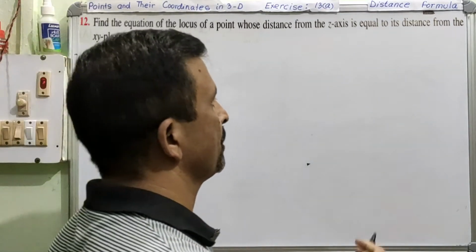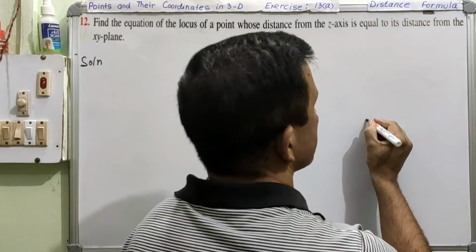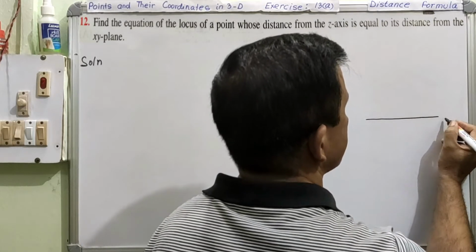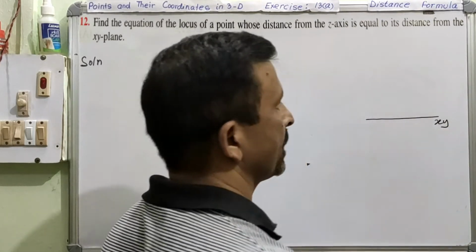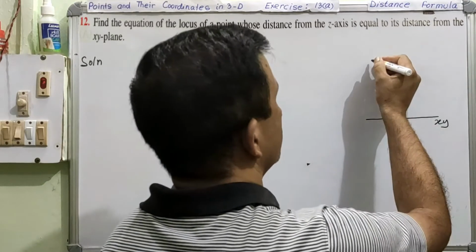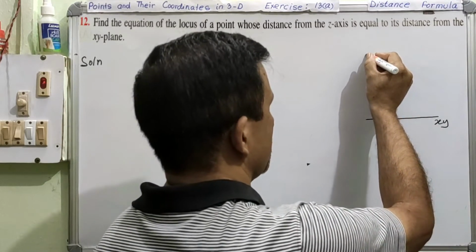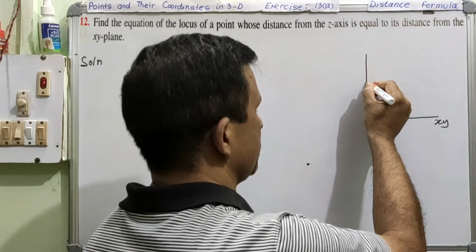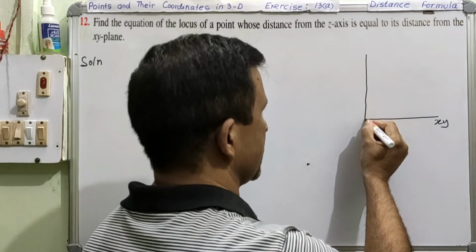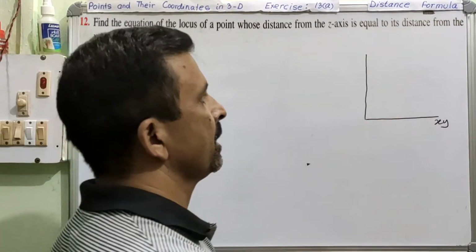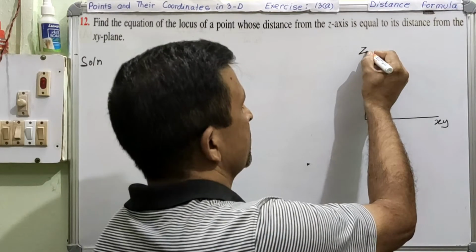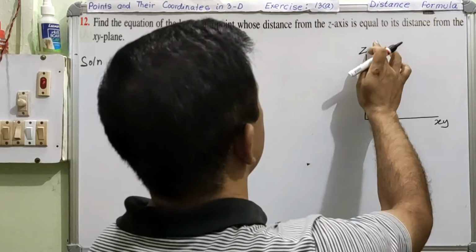So let me show you. Suppose this is xy plane. Is this very clear? And this is z-axis, very similar to the previous question.